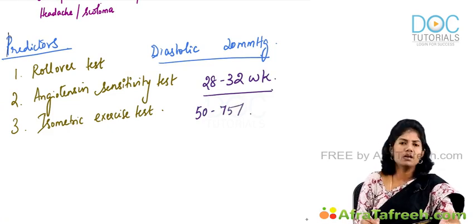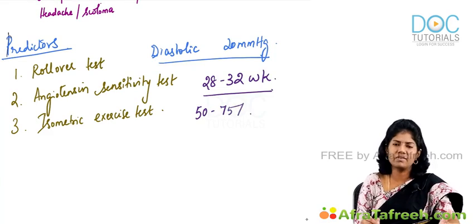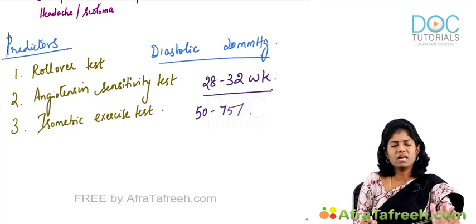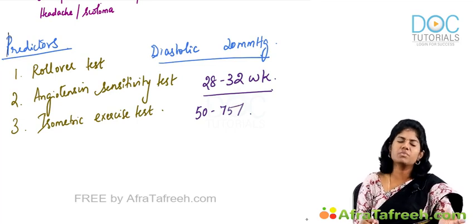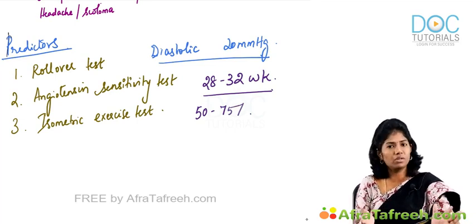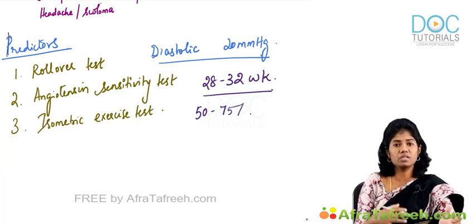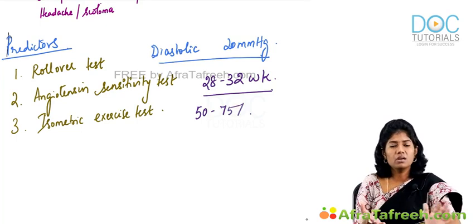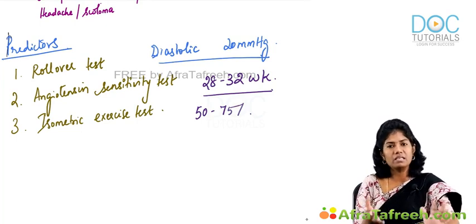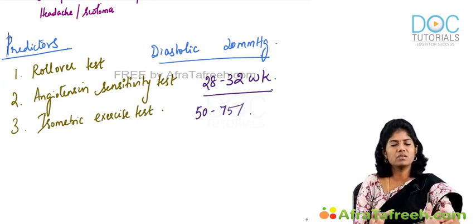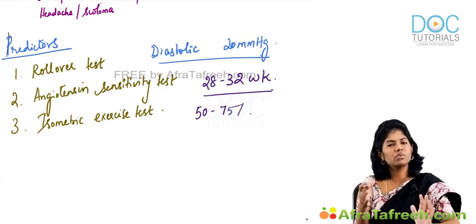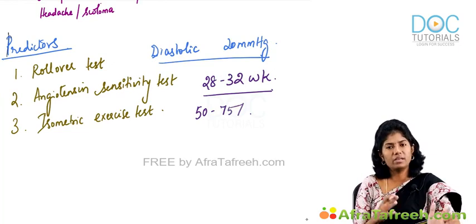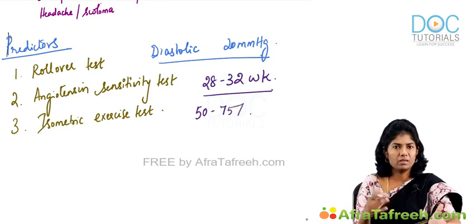They were useful, but we were not satisfied with these tests because they predict preeclampsia only between 28 to 32 weeks of pregnancy. Rather, we want tests which can predict preeclampsia in the first trimester or early second trimester, or at least in the late second trimester and not in the third trimester, whereas 28 to 32 weeks is third trimester. So we wanted tests which can predict preeclampsia a bit earlier.